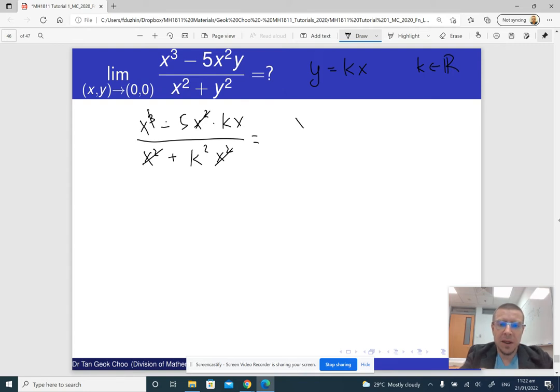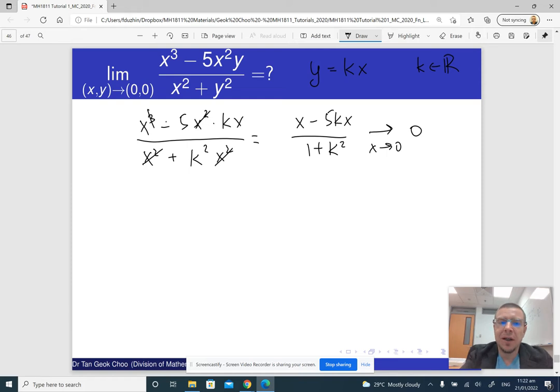This is x minus 5kx divided by 1 plus k squared, and the limit of this is 0, because we can just let x be 0. So the limit along any straight line, except for the line x equals 0, is 0.